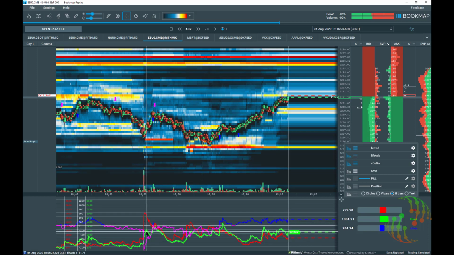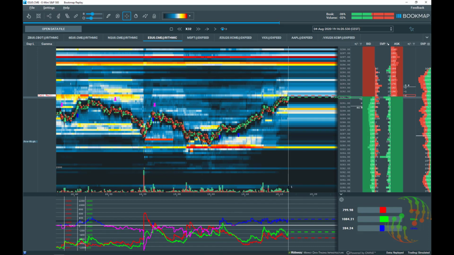You see the space between the hit bid and lift ask indicator. That means the market will come to a stop or to a break, and then at that point buyers simply overweight the sellers here. That's the indication. Buyers do overweight the sellers.